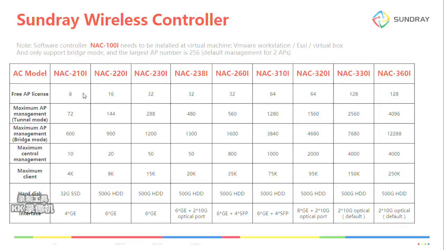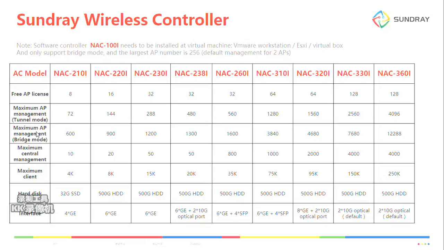The entry level one supports 8 free AP licenses, and the high end supports a maximum of 128 free AP licenses. Whether I'm using tunnel mode or bridge mode, it's the same. Actually, for Sundray we don't distinguish between bridge mode and tunnel mode licenses. So later I will show you. We have only 4 types of license.